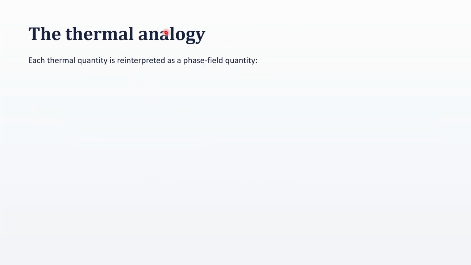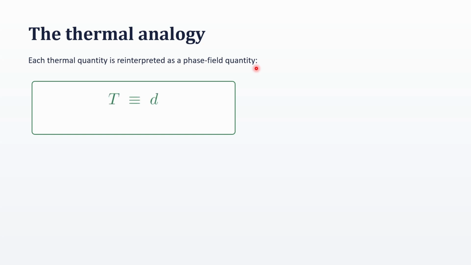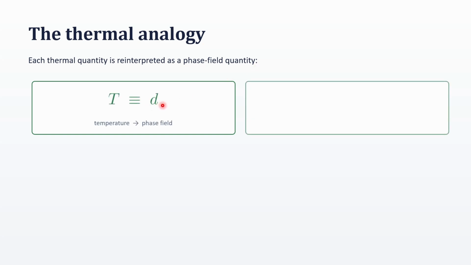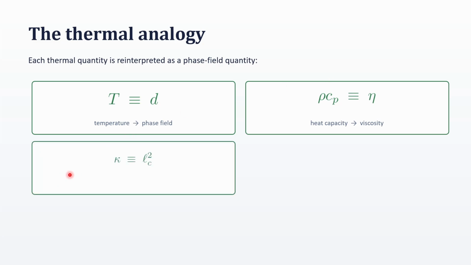So in the thermal analogy, each thermal quantity is reinterpreted as a phase field quantity. T becomes D, so temperature becomes phase field. Rho Cp becomes eta, so the heat capacity becomes viscosity. Kappa becomes Lc square, so conductivity becomes length scale square.